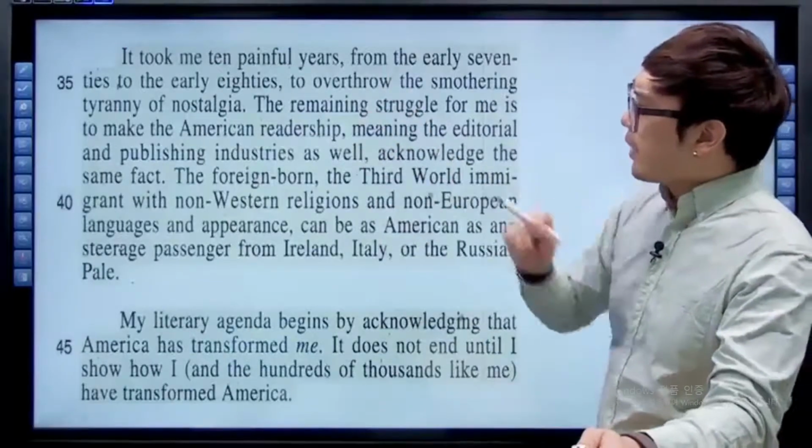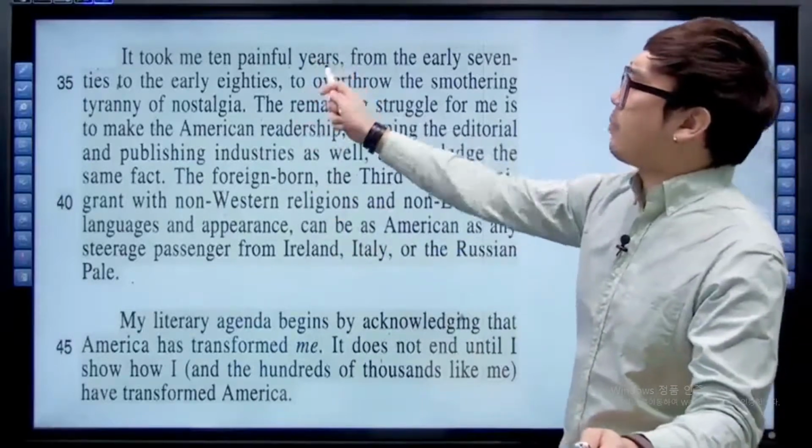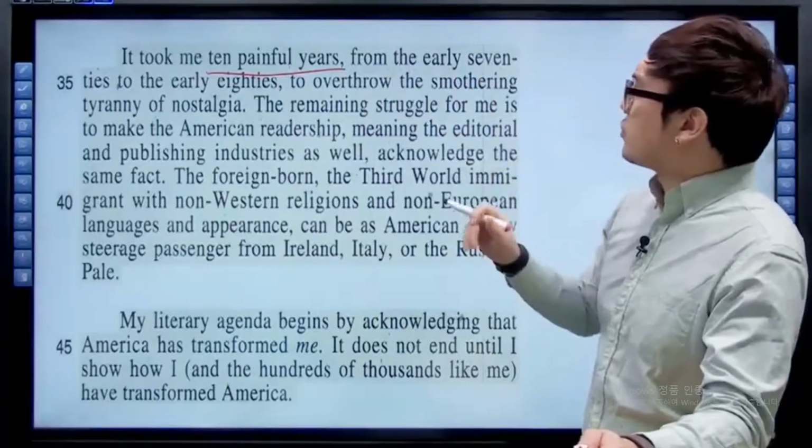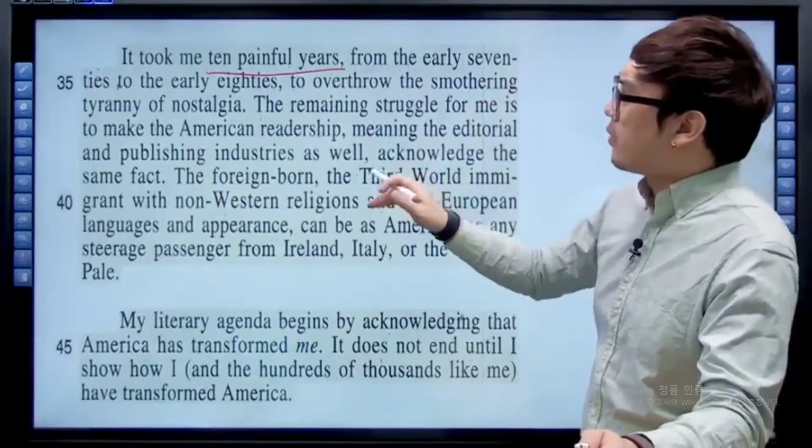Next, fourth paragraph. It took me 10 painful years from the early 70s to the early 80s to overthrow the smothering tyranny of nostalgia.